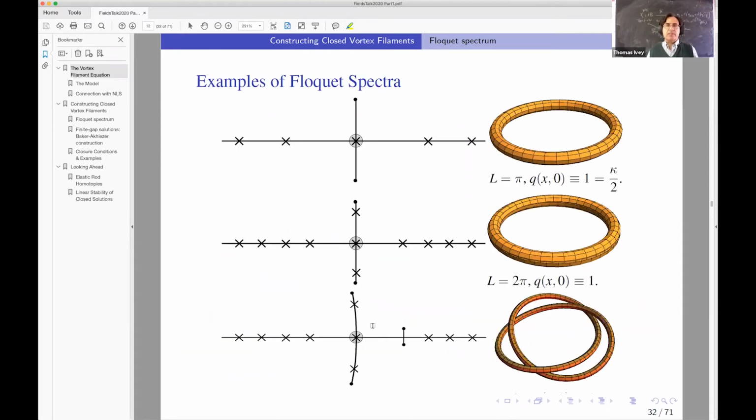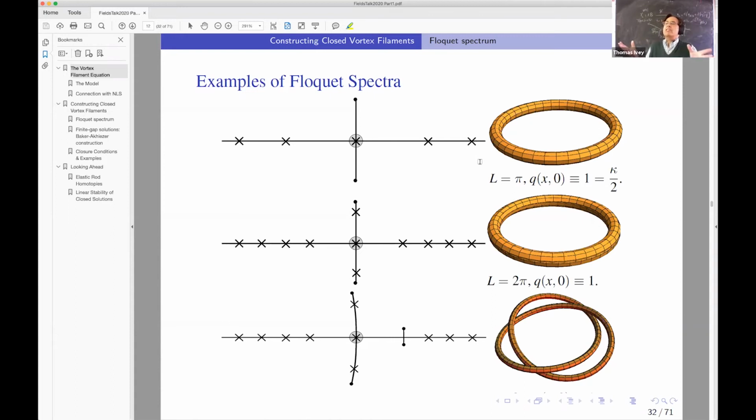So let's look at some examples. Corresponding to, as we saw earlier, just a plain old circle. Let's say kappa is 2, so q is identically equal to 1. That would correspond to radius 1/2 and length pi. Here's the Floquet spectrum of that.